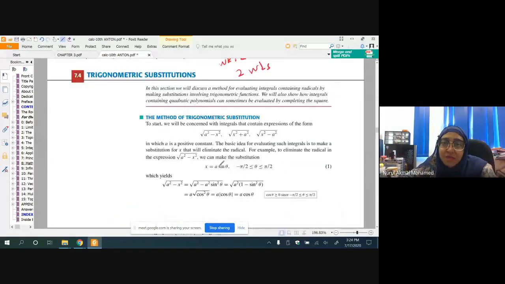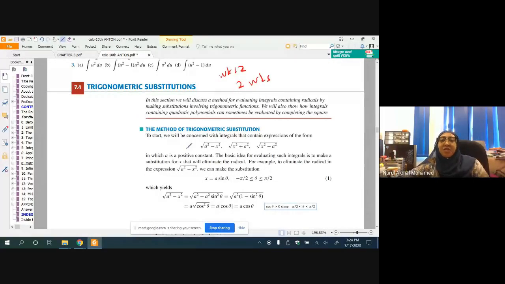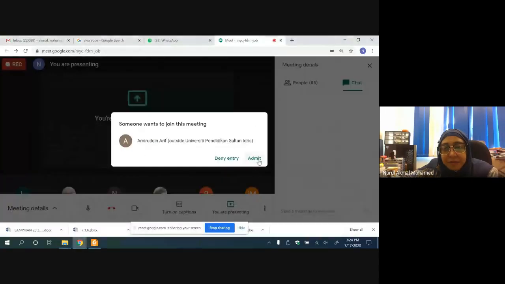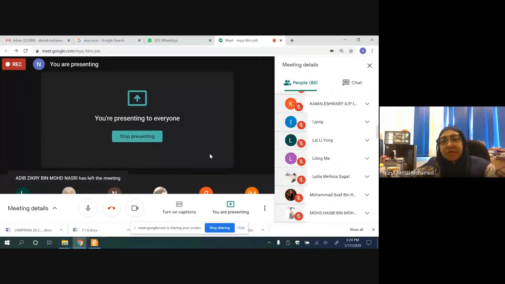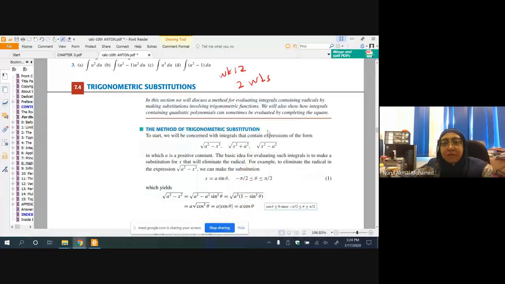So let's move on. The methods of trigonometric substitution. We have the integration of square root of a squared minus x squared, square root of x squared plus a squared, and square root of x squared minus a squared.